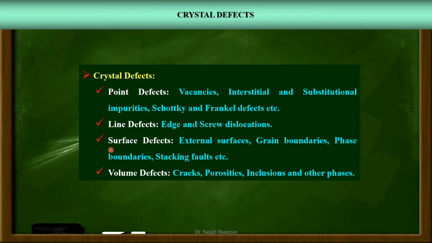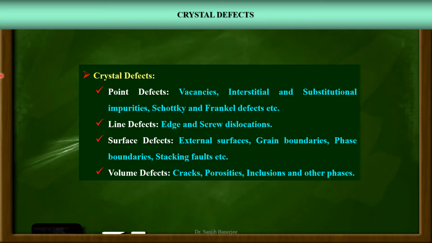The third one is the surface defects, which are two-dimensional defects and which represent the defects on the surface of atomic arrangements, where the examples are external surfaces, grain boundaries, phase boundaries, stacking faults, etc. And the last one is the volume defects, which are the three-dimensional defects and which represent the defects related to the volume of materials.